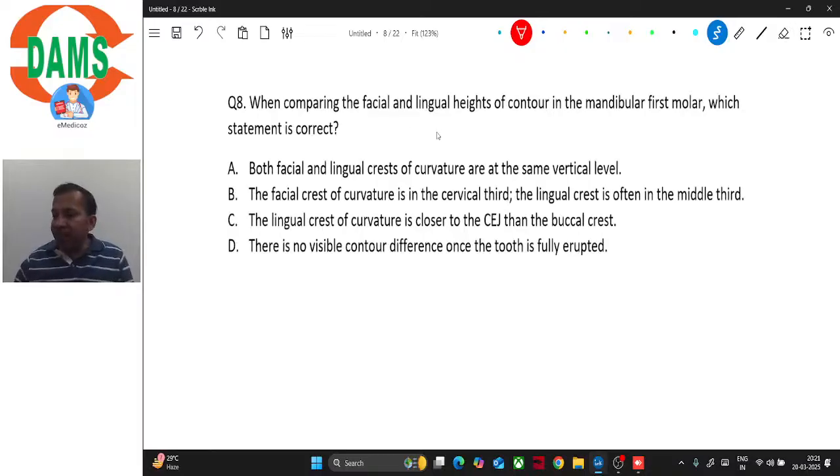When comparing the facial and lingual heights of contour, what are facial and lingual heights of contour? Let's say this is the tooth that we observe from proximal view. Now, this is the site of maximum convexity, isn't it? If you take a look at this tooth, this is the site of maximum convexity.